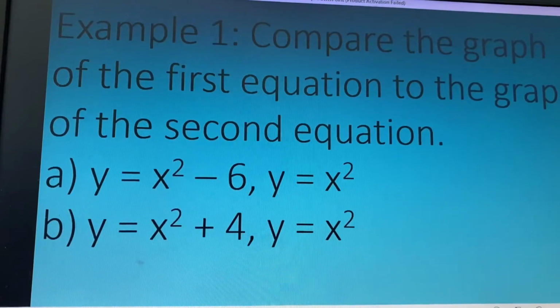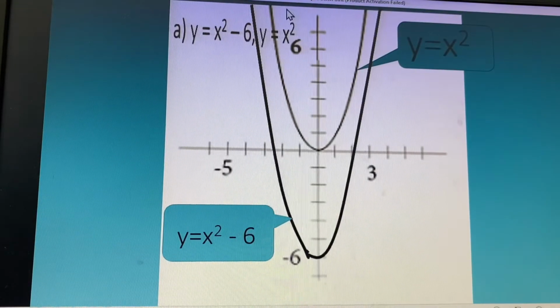So let us look at the graph. As you will see, this is the parent function, y equals x squared. And another graph is y equals x squared minus 6. Look at the translation of the graph. The graph of y equals x squared minus 6 is translated 6 units downward.